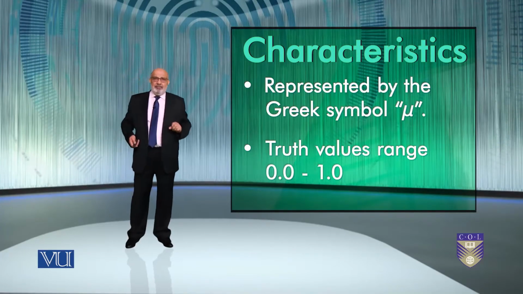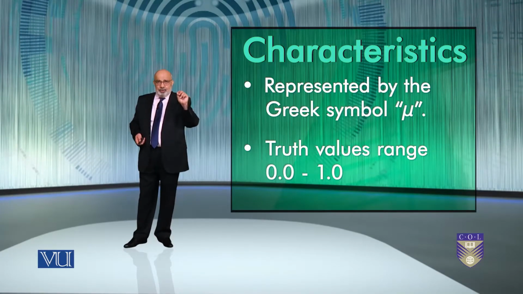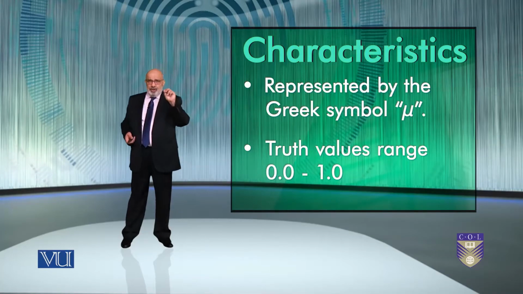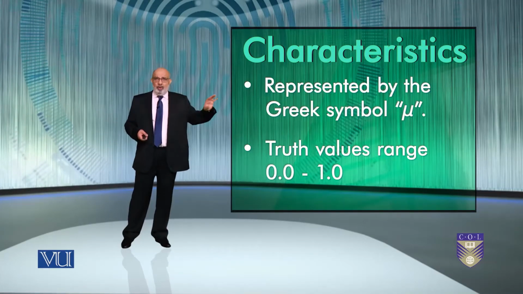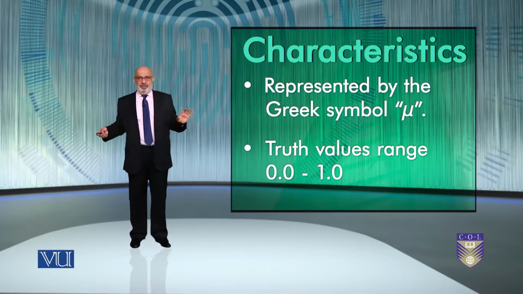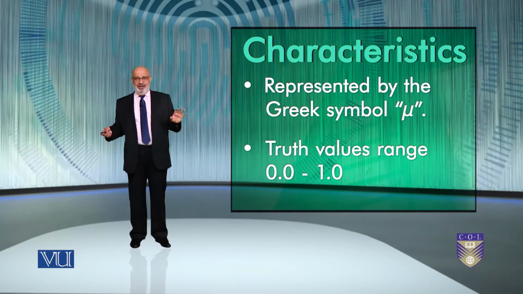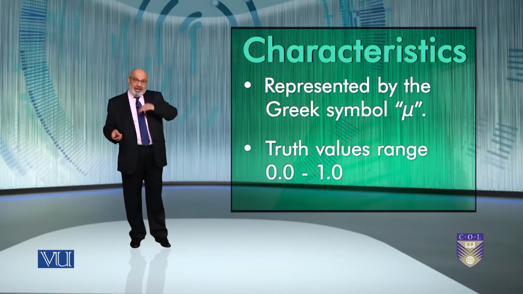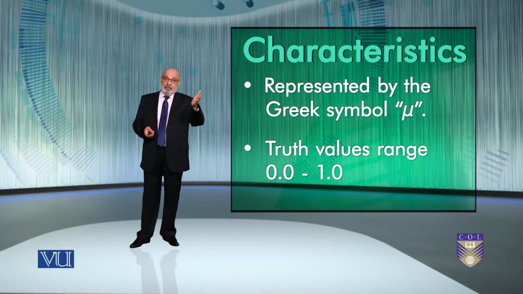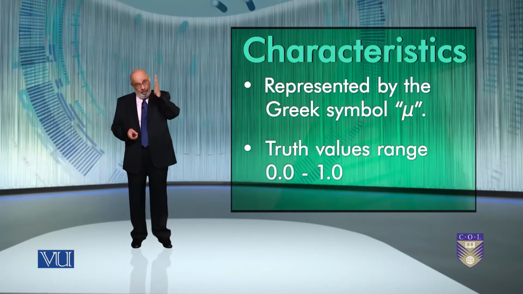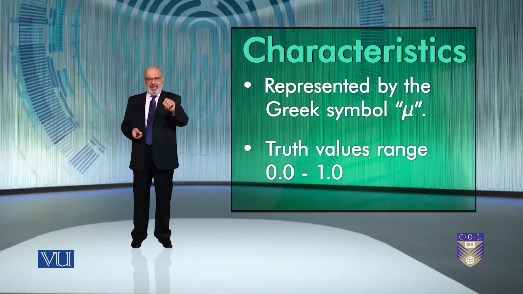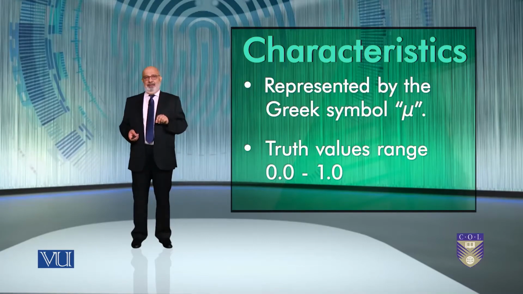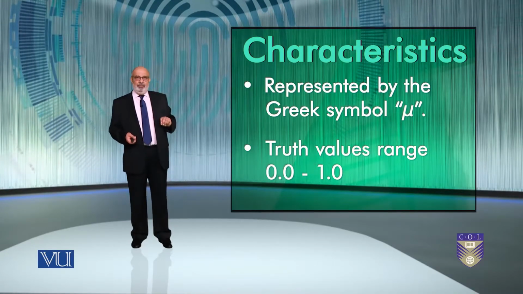Now, what do I mean by truth values? A truth value of 0.0 normally means absolutely not. You're not part of my group. No membership at all. Whereas in crisp systems, you wouldn't have such a thing. You would include it or exclude it. But here, when the membership value is 0.0, you say it's a 0 value.